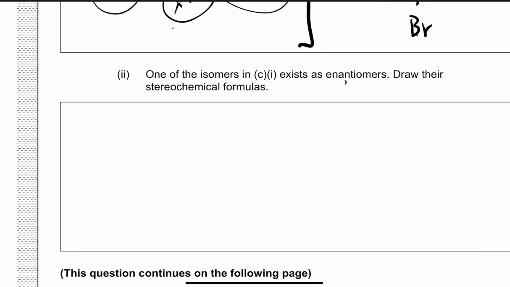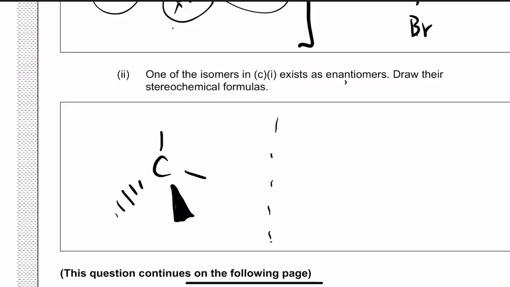So we need to draw their stereochemical formulas. I assume they want us to use dashed and wedge notation, so I'll draw our mirror here. We'll draw our wedge coming out, our dashed line, and just a regular line.